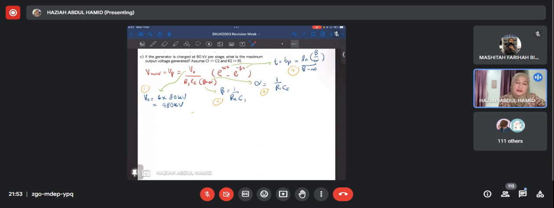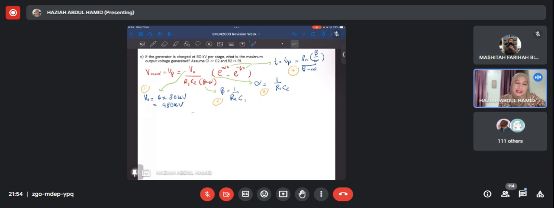R1C2 beta minus alpha, and E minus alpha T minus E the power of minus beta T. Okay, so the whole idea is to get what is T, what is T that when the maximum voltage occur.